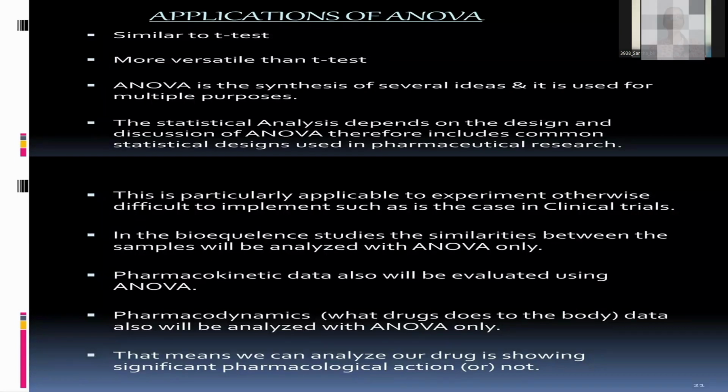This is particularly applicable to experiments that are otherwise difficult to implement, such as clinical trials. In bioequivalence studies, the similarities between the samples are analyzed with ANOVA. That means we can analyze whether our drug is showing a significant pharmacological action or not.